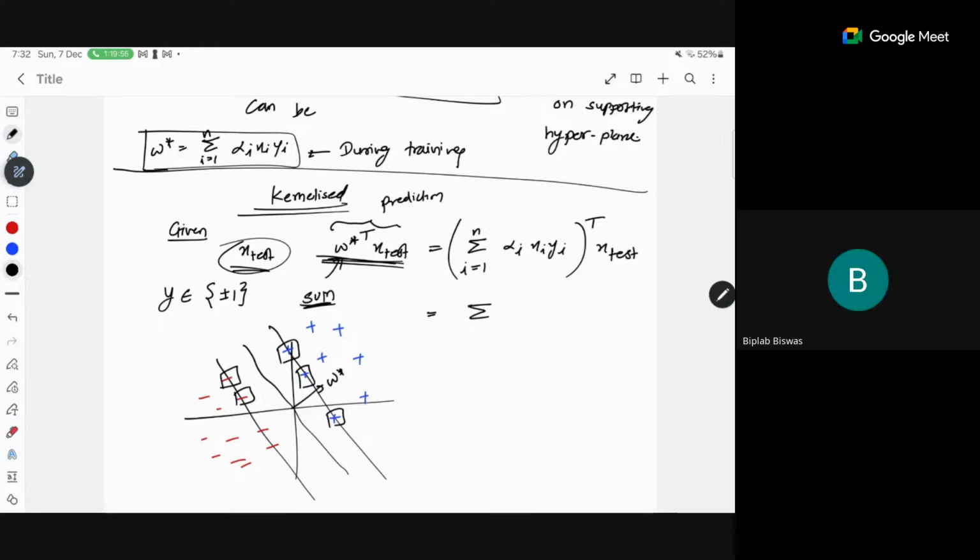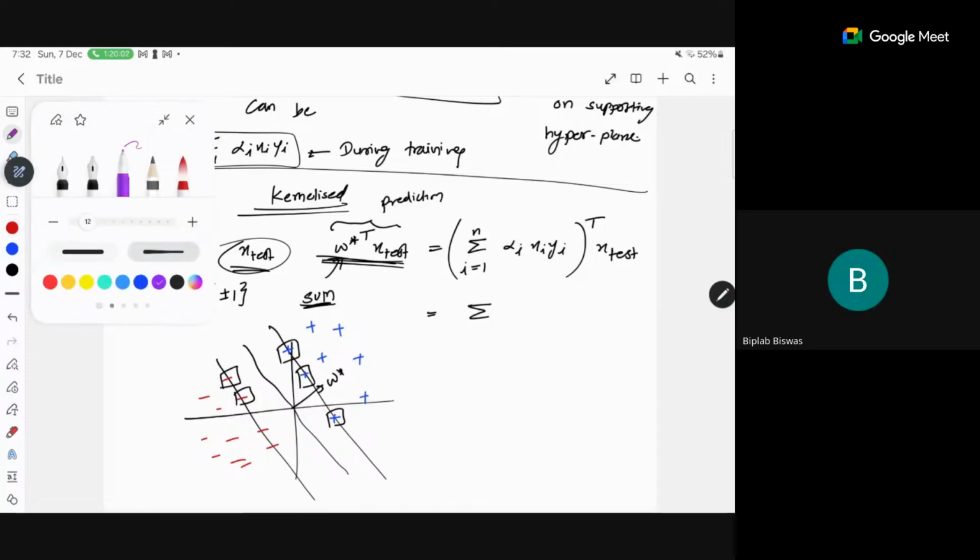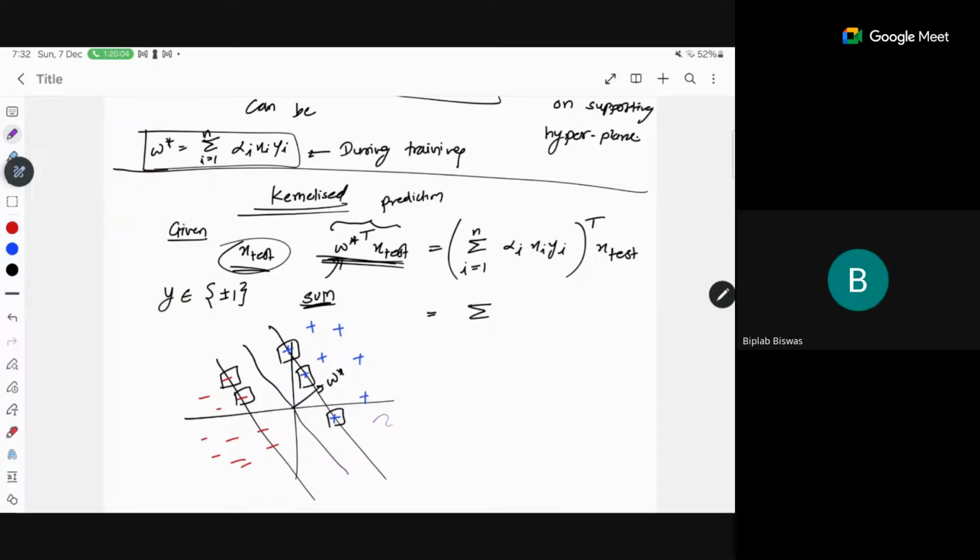Let's say these are all. So this is what we have learned. This W star is learned from this data. Now there is this data point here, my X test. How will I decide what is the label for X test?